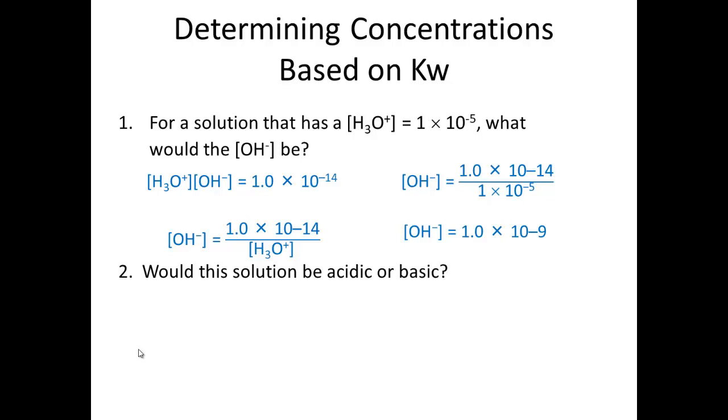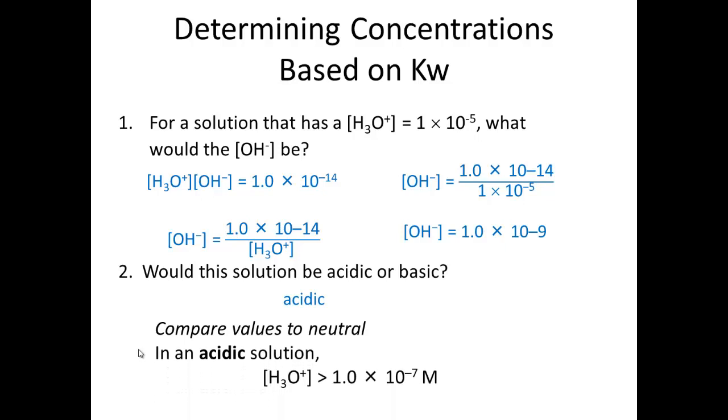The question is, would you expect the solution to be acidic or basic? It should be acidic. Why did I say acidic? Again, you compare the value to neutral. In an acidic solution, you would expect the hydronium concentration to be greater than 1 times 10 to the negative 7.